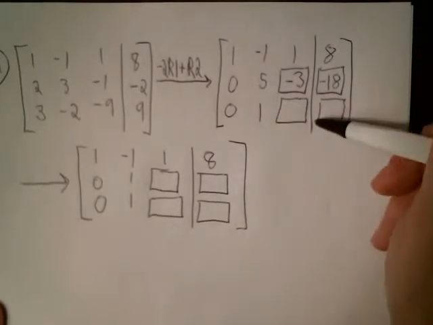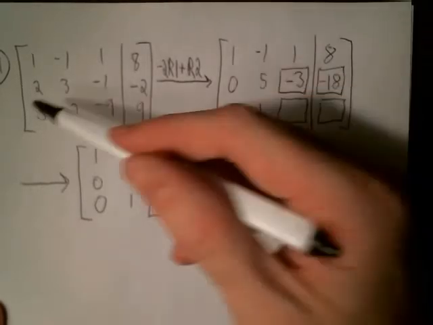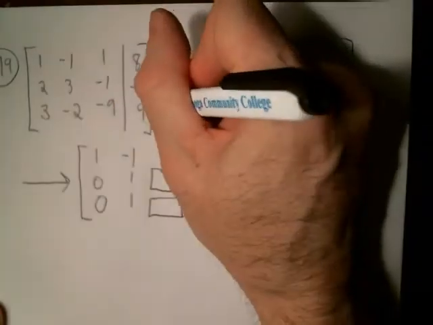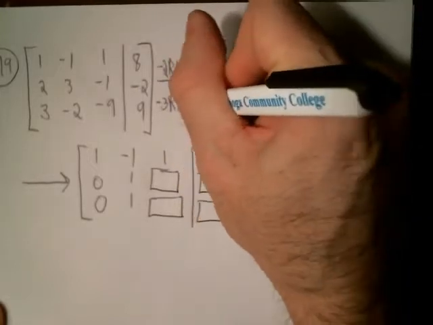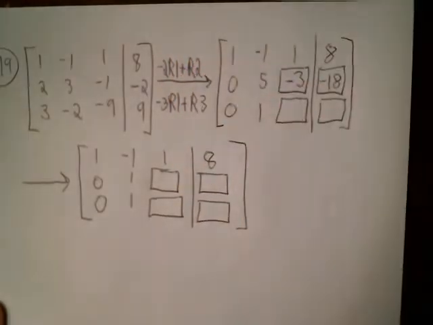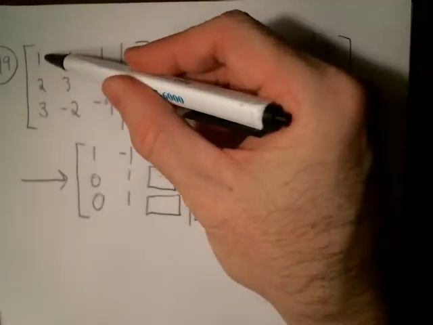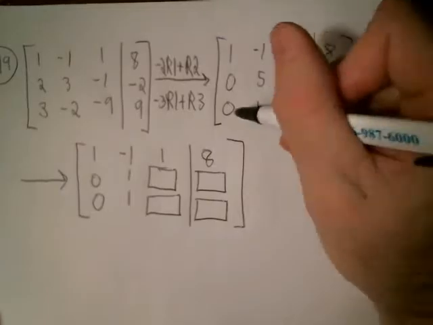Okay, this last row, what did I do? So it looks like I probably multiplied this by -3 and then added it to this. So -3 times row 1 and then plus row 3. Okay, so -3 times this is -3. -3 plus 3 is 0.